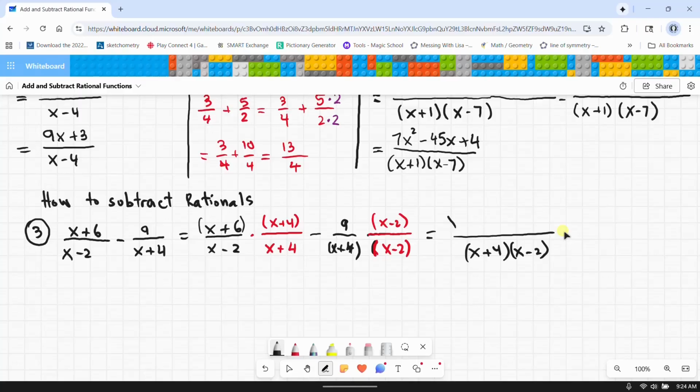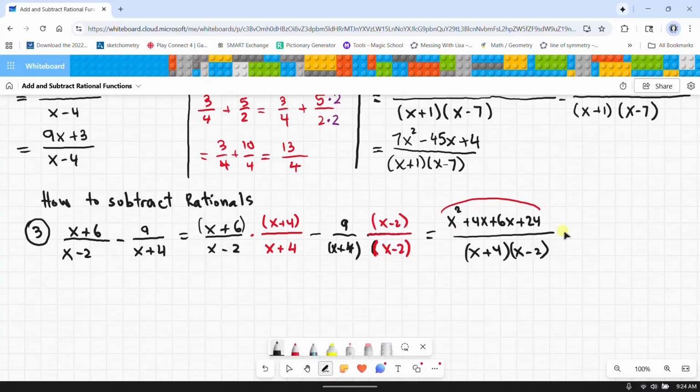So I'm going to have x squared plus 4x plus 6x plus 24.